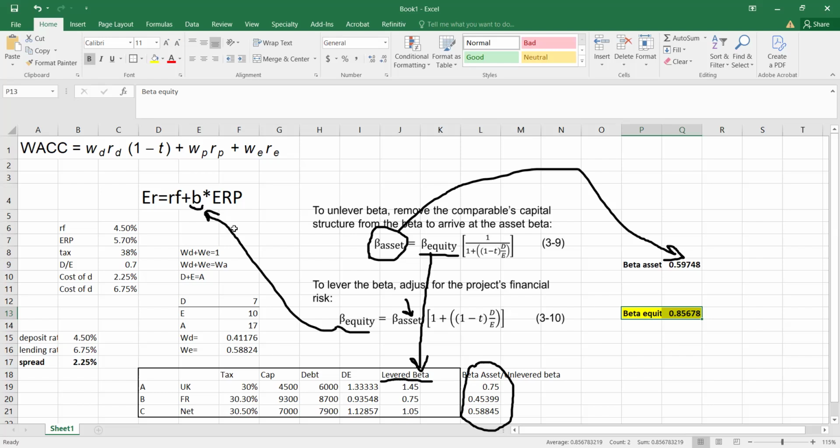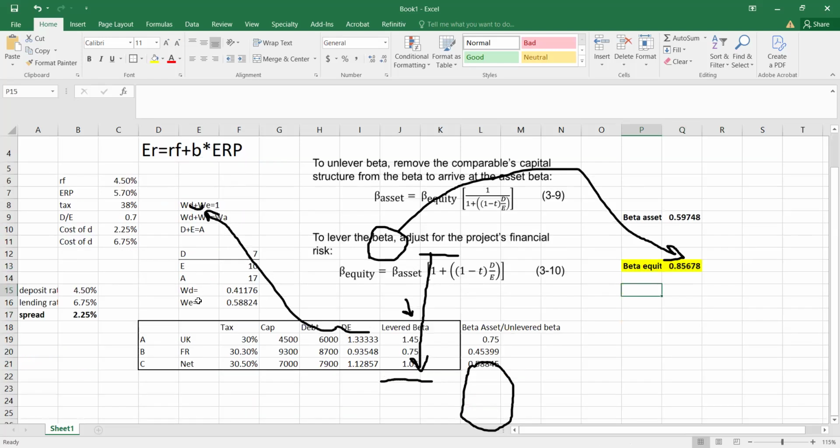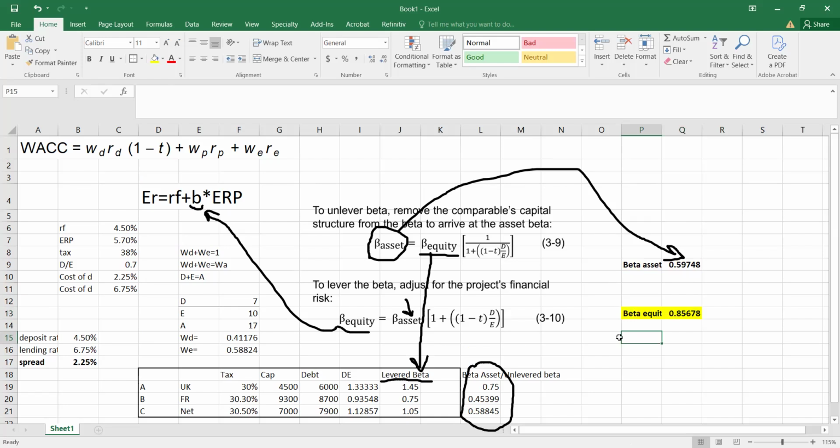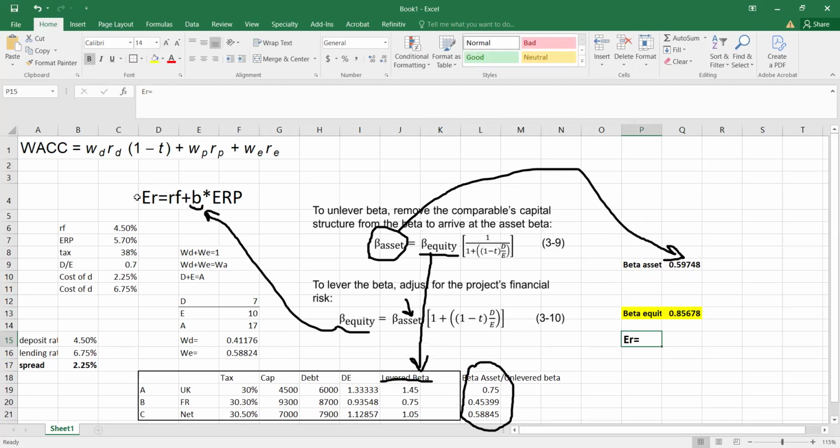So now I can calculate the expected return. My expected return is equal to, like my CAPM, risk-free rate 4.5 plus beta equity multiplied by equity risk premium.